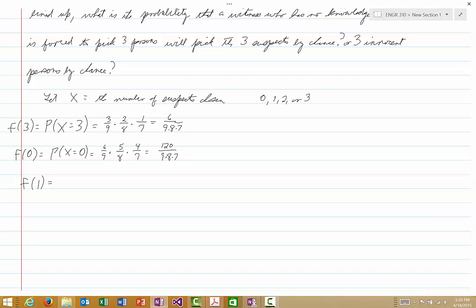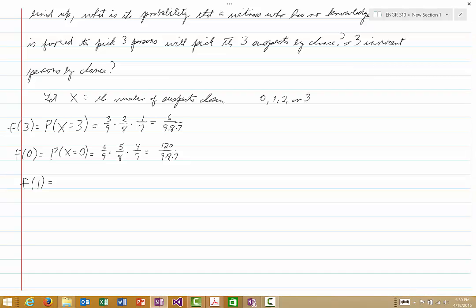Well, you can see right away there's a little bit of difficulty here, because on what pick will he get the one suspect? Will he get the suspect on the first pick, or the second pick, or the third pick? And so we're going to have to calculate all three of those probabilities together.